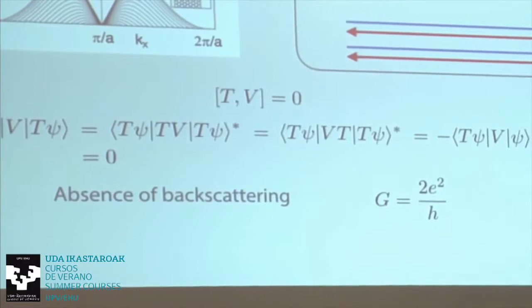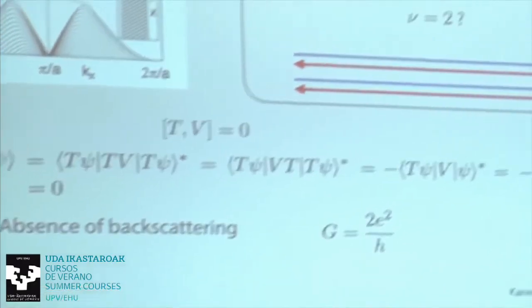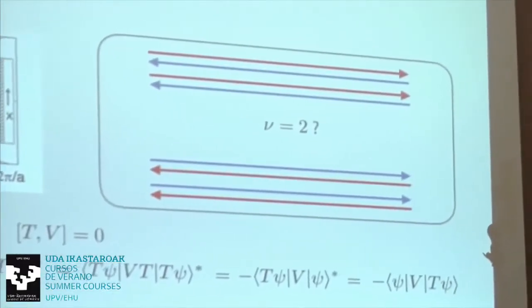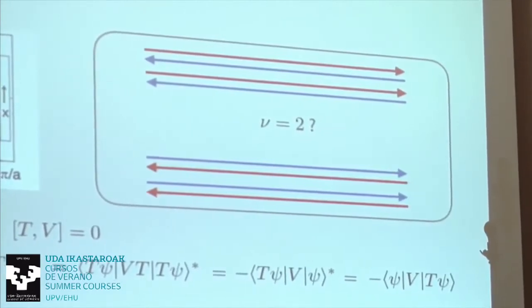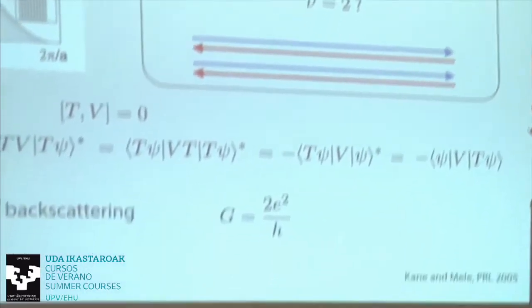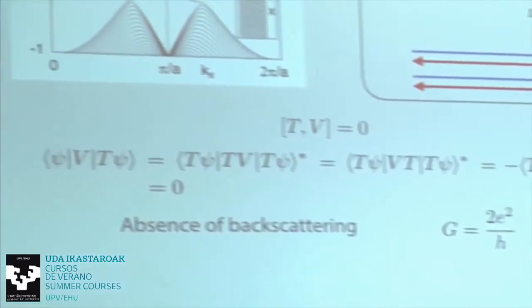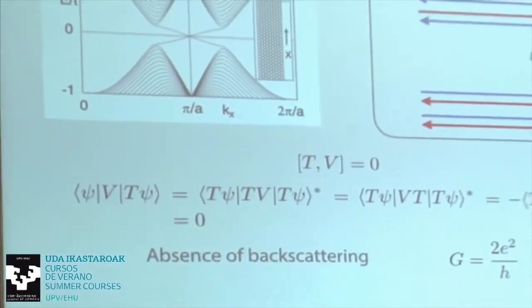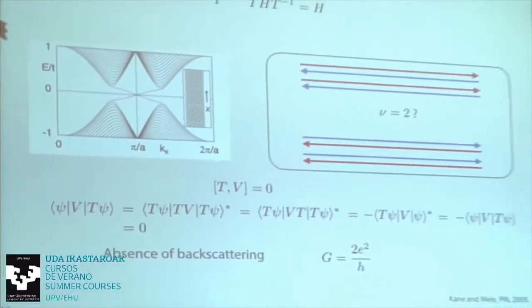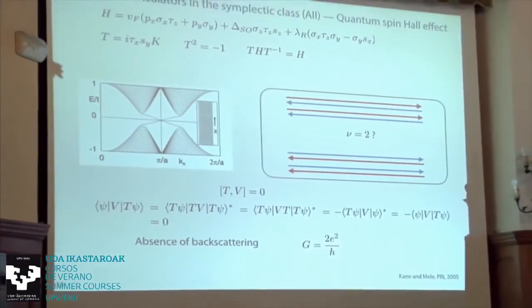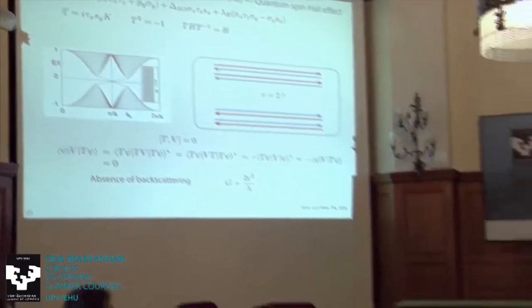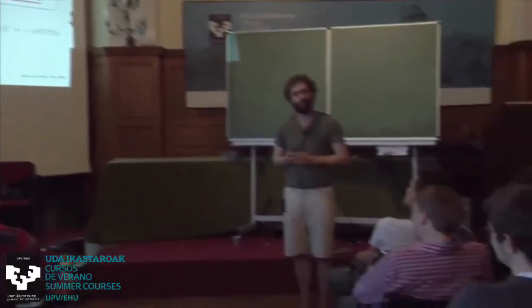Now what would happen if I added a second pair of edge states? Could I repeat this calculation? Of course. Would it be true? Yes, it would also be true.